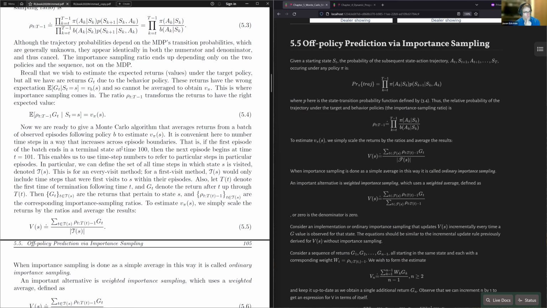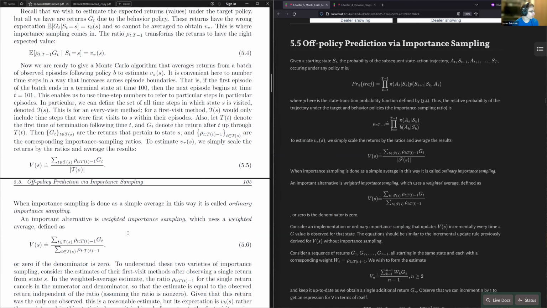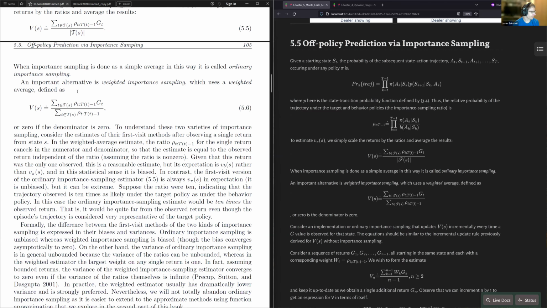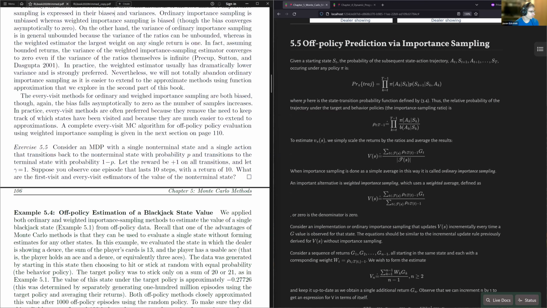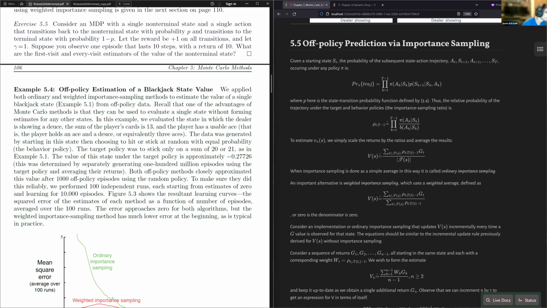Practically, this will be calculated in order as we go through the episode. We'll keep track of this weighting term, just like what we did before for calculating G. Let me see where the pseudocode is.